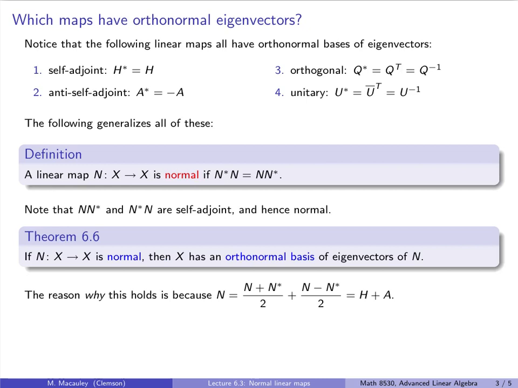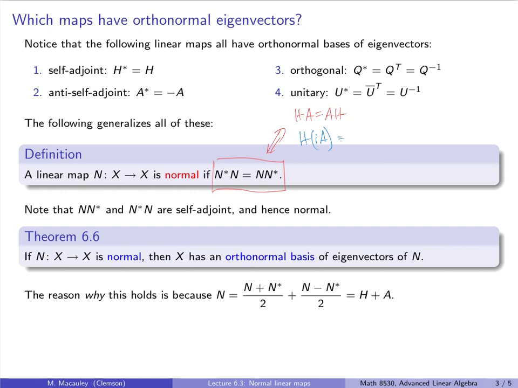Okay, so what does that have to do with N being normal? Well, if N is normal, then these two linear maps, H and A, commute. In other words, this implies that HA equals AH. So what good is that? Well, H is self-adjoint, A is anti-self-adjoint. But i times A is self-adjoint.